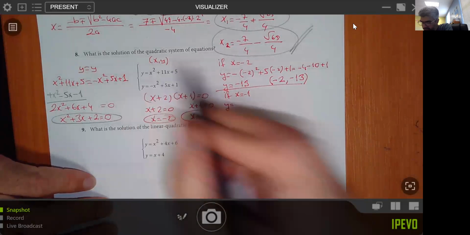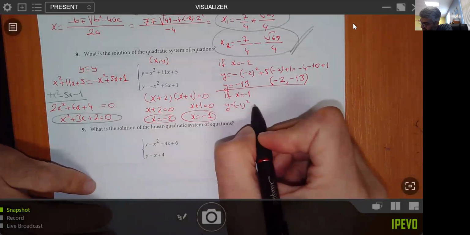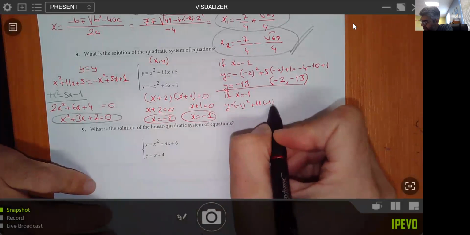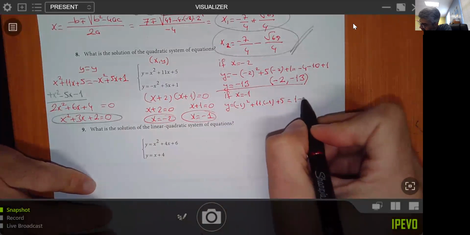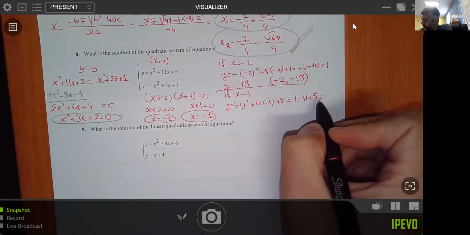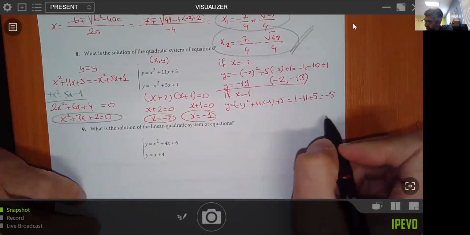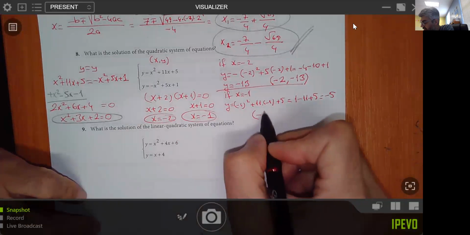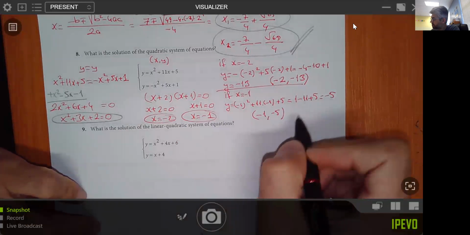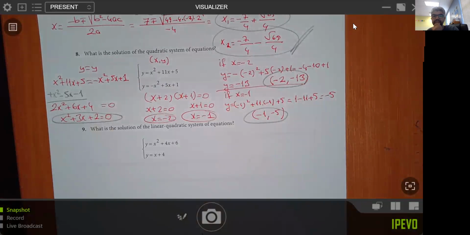If we are not sure, we can just change the equation. y is negative 1 squared plus 11 times negative 1 plus 5, which is 1 minus 11 plus 5, and it is 6 minus 11, that is minus 5. Okay, and the second solution, second common point, second intersection is negative 1, negative 5. These are the solutions of this system.